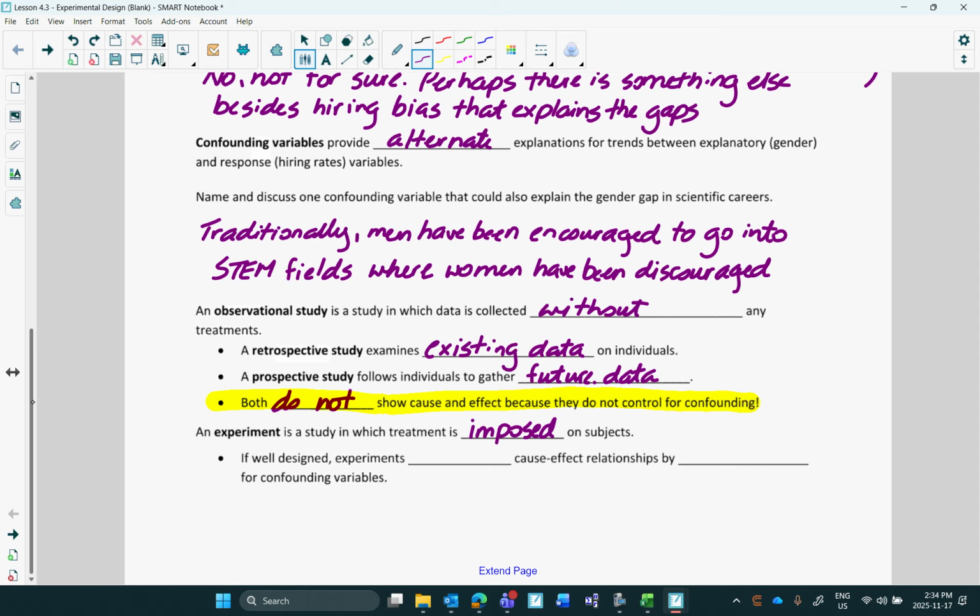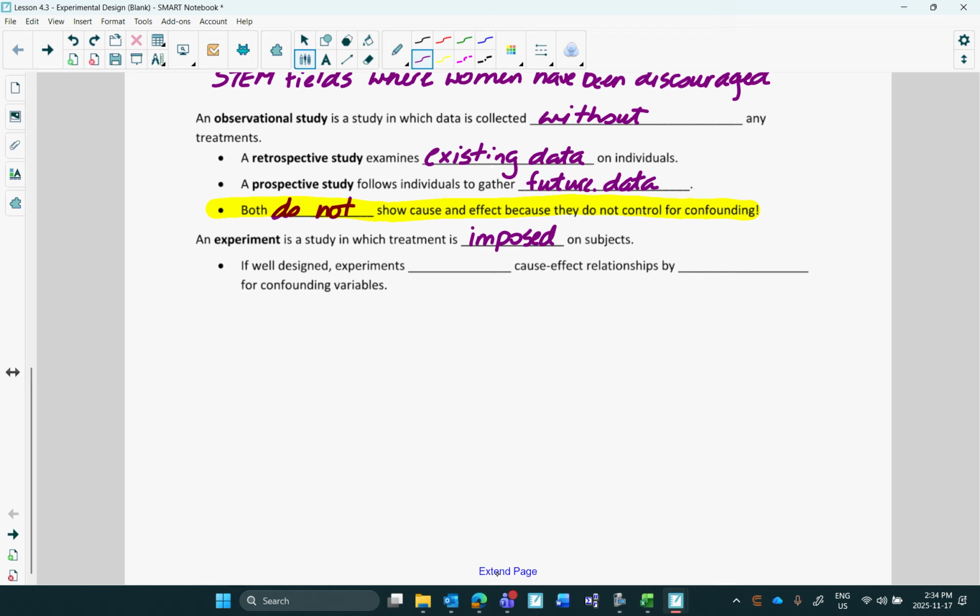Okay, so an experiment is a study in which treatment is imposed on subjects. Subjects could be people, animals, or inanimate objects. If well designed, and we will talk about what makes up a well-designed experiment, they can show cause and effect by controlling confounding variables.